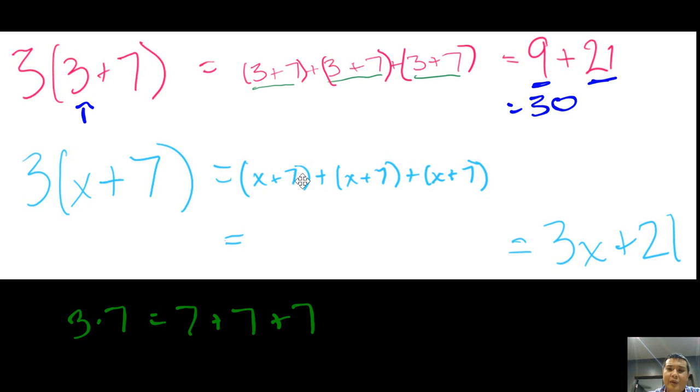And we can get rid of these parentheses because addition is commutative, which means it doesn't matter what you do first as long as it's all addition. So it's just x plus 7 plus x plus 7 plus x plus 7. If we combine like terms, we have 3 x's: 1, 2, 3, so it's 3 times x. And then 7 plus 7 plus 7 is 21. So that's why the distributive property works.